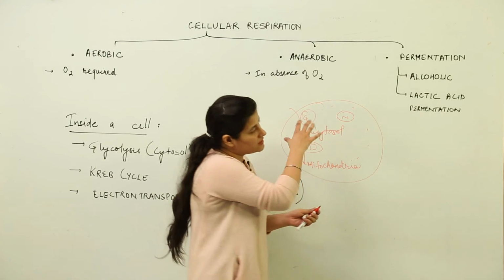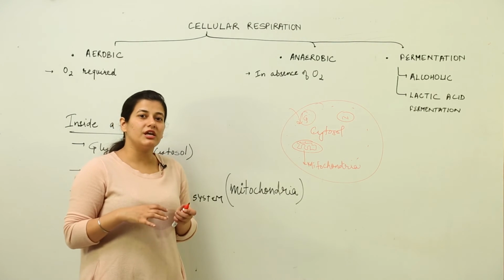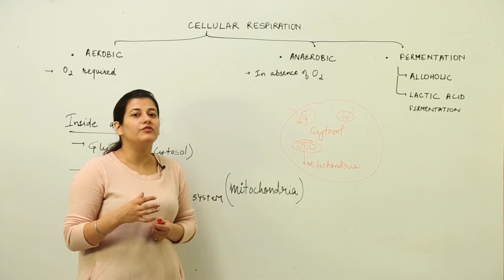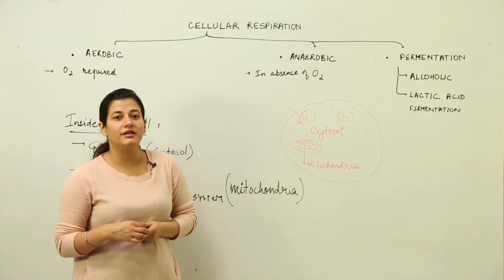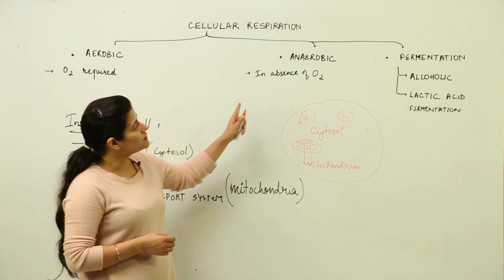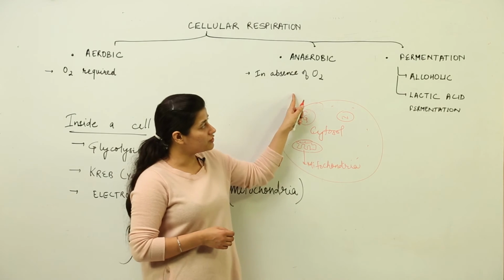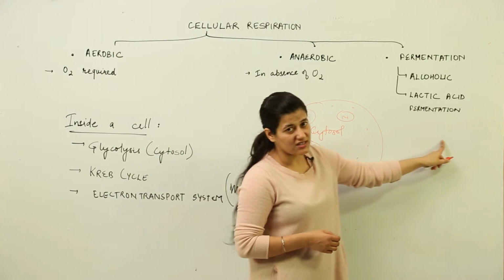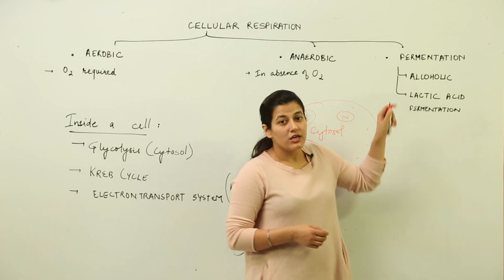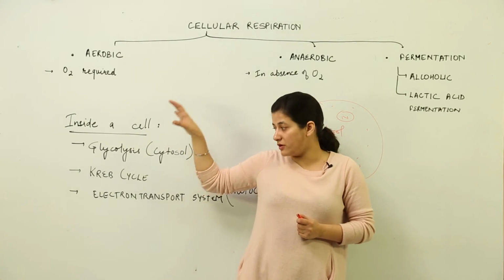So this is the basic process of cellular respiration, which has to take place inside each and every cell for the breakdown of the food material that goes inside it, and energy is taken from that process. In certain cases, anaerobic respiration can result in production of energy, but this fermentation process results in very little generation of energy. Alright, so basically it is aerobic respiration which is going to give a large amount of energy to the cell.